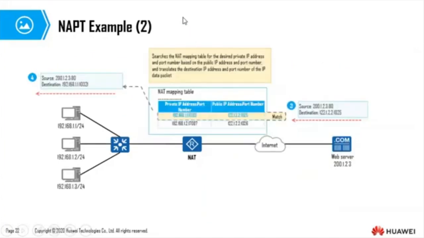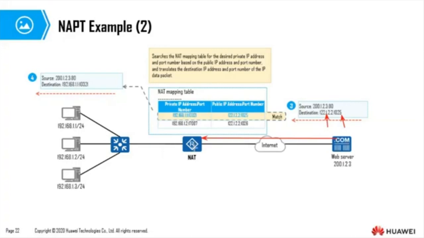So when coming back, the destination is that IP address and the port number that was on the source of the received packet.